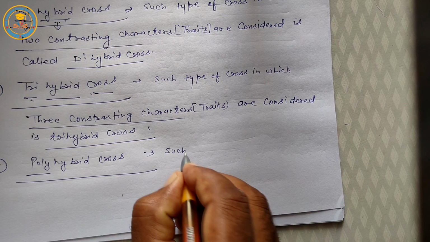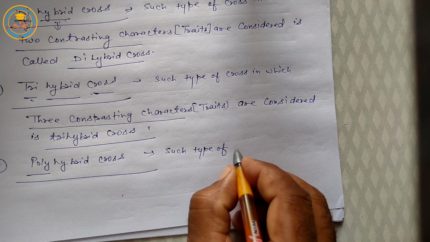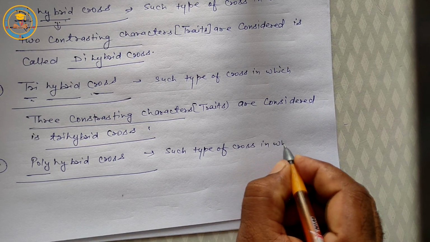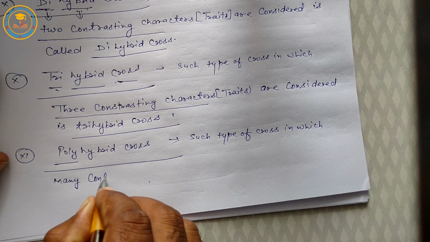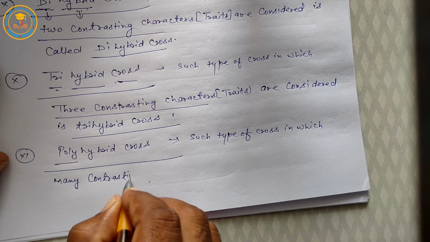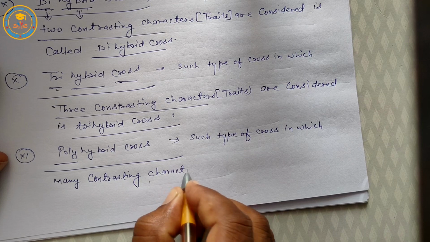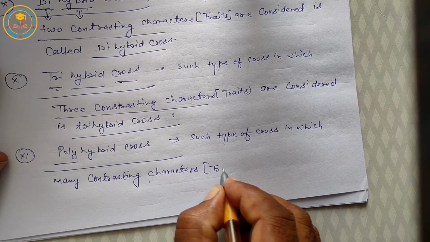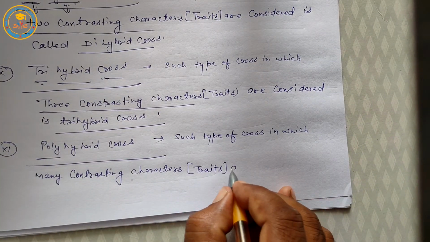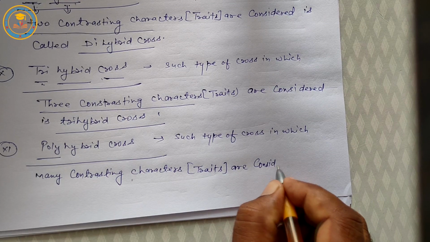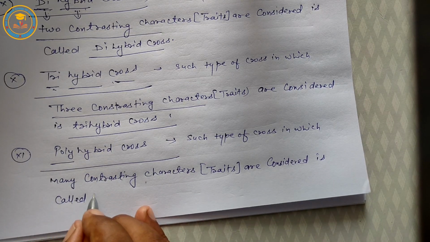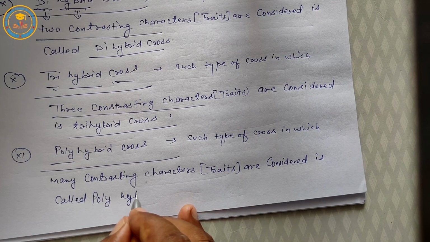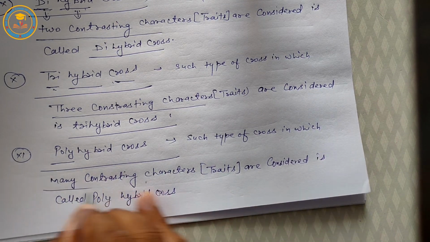Such a type of cross in which many contrasting characters or traits are considered is called polyhybrid cross. So many contrasting characters are considered.